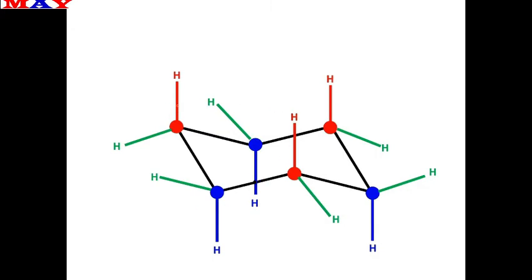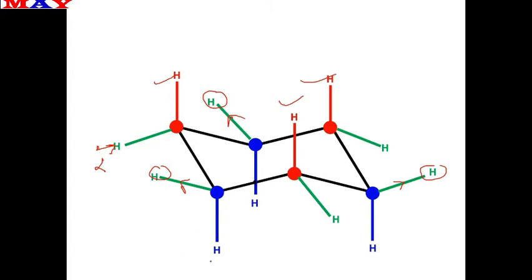The hydrogens which are above the plane, like this hydrogen, are called beta hydrogen. This hydrogen is also beta because it is traveling in the upward direction. They are called beta. This hydrogen is going in the downward direction, so this is called alpha.